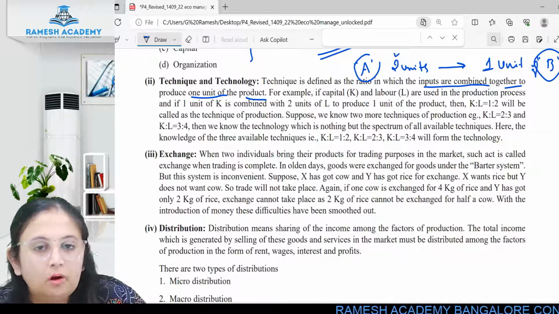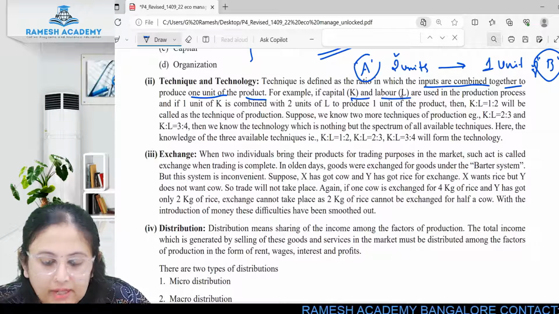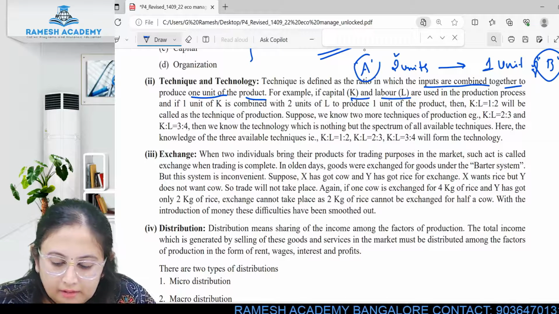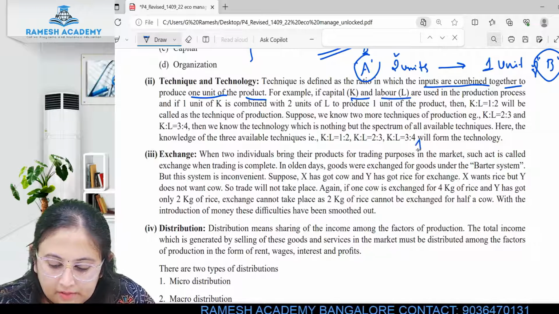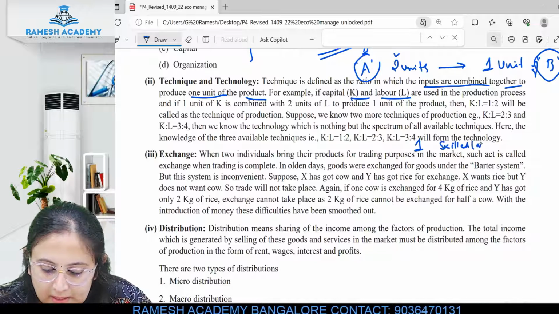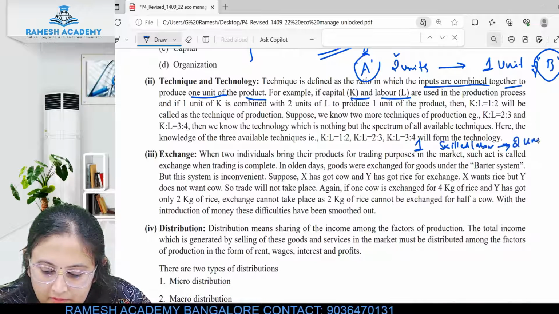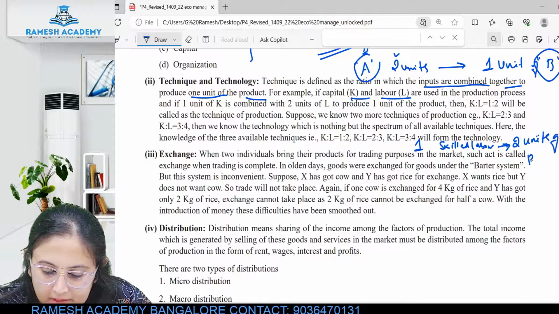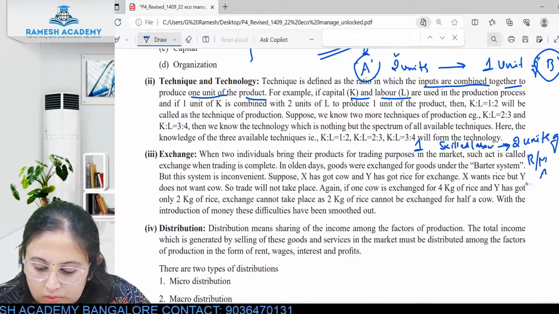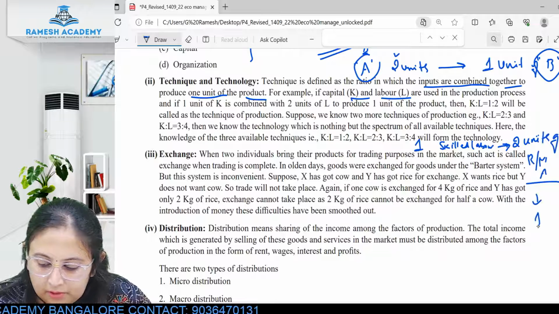Here they have also used capital, labor, everything. Like for example, 1 skilled labor and 2 units of raw material A. If you combine these two, you can produce 1 unit of B.